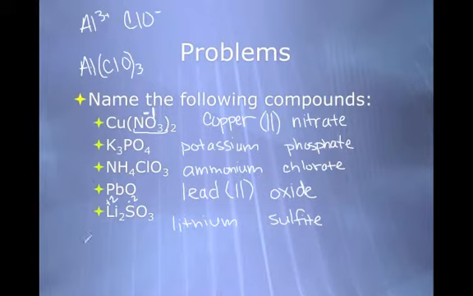So lithium's a +1, and sulfite is SO3 2-. Now, how many +1s do we need to balance out the 2-? So we need 2 lithiums to balance out the SO3. Or if you just cross it, you'd bring the 2 over and 1 over.